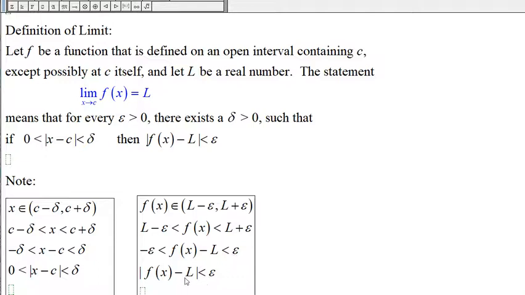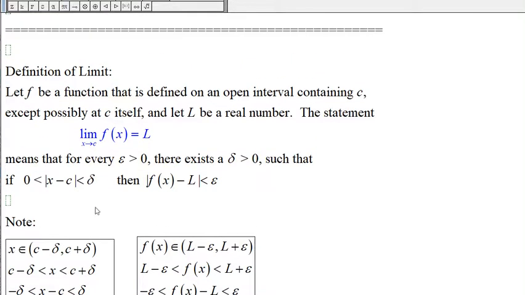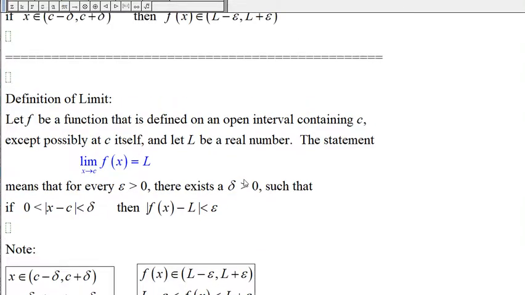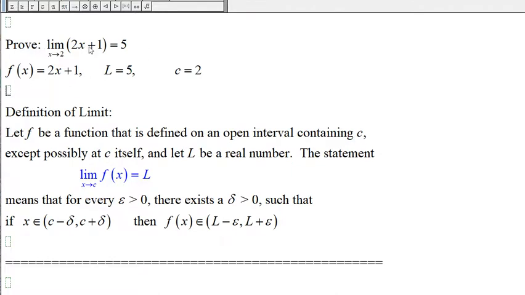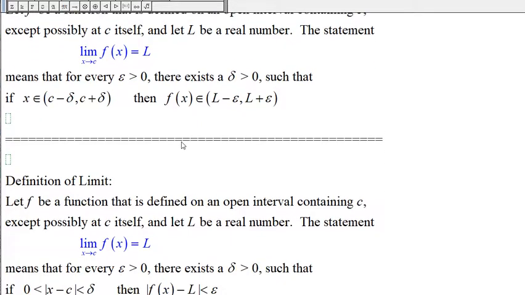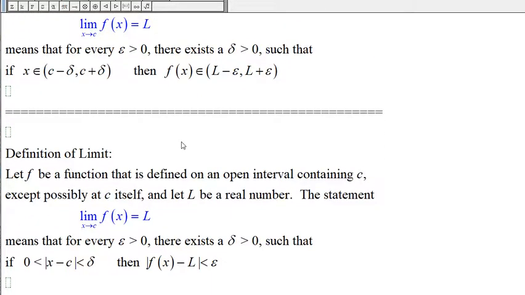And using absolute value notation, we have the absolute value of f of x minus L less than epsilon. Sometimes we use this type of notation to prove this statement, and sometimes we use this to prove it. These two definitions are equivalent.